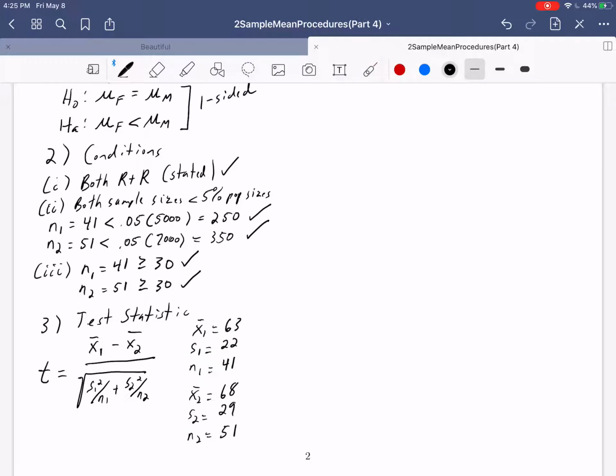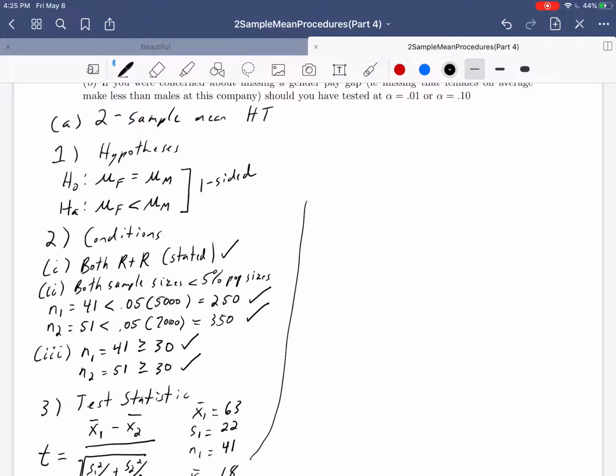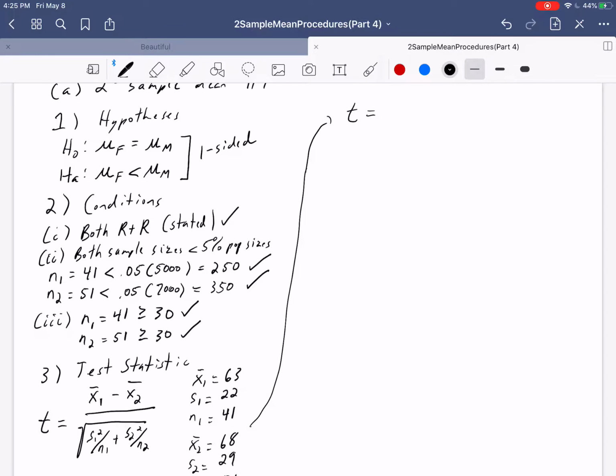Okay, let's go ahead and plug that stuff in. So if we do that, we should get t equals, up top, 63 minus 68, the two averages subtracted, and then divided by the square root of 22 squared divided by 41 plus 29 squared divided by 51. As always, good idea to just go ahead and do the top and bottom separately.